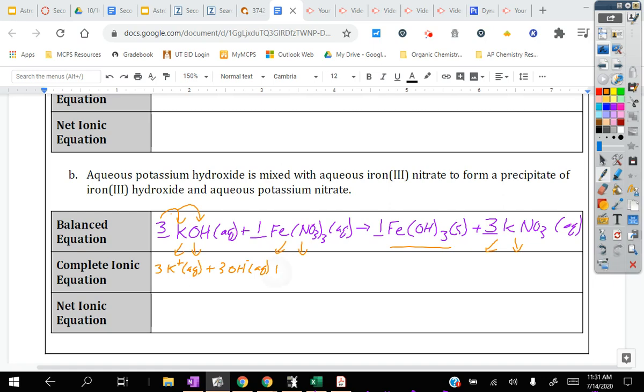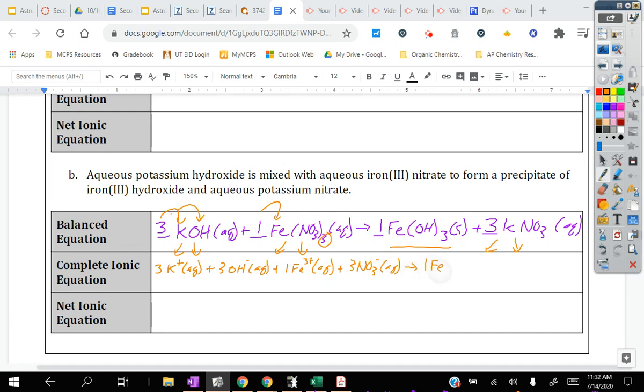When iron nitrate splits up, I have 1 mole of Fe3+. But I actually have 3 moles of nitrate ions because of the 3 on the outside of my parentheses here. So I have 3 NO3-. That's the tricky part about ionic equations, keeping track of the stoichiometry.